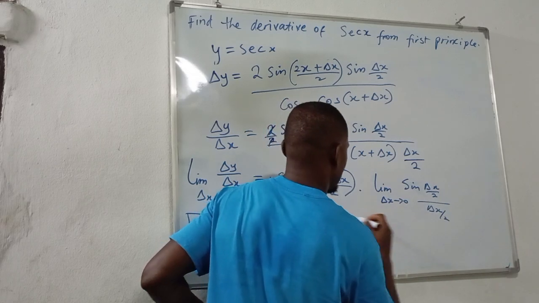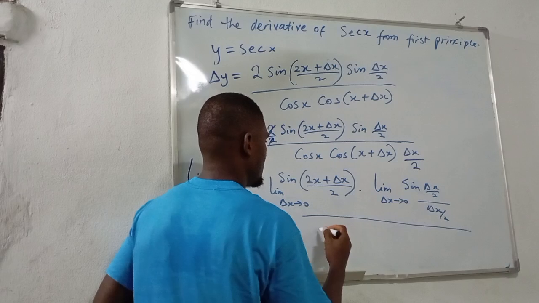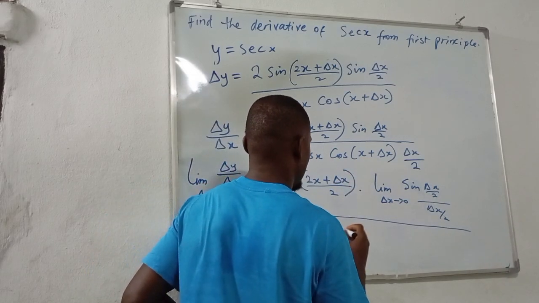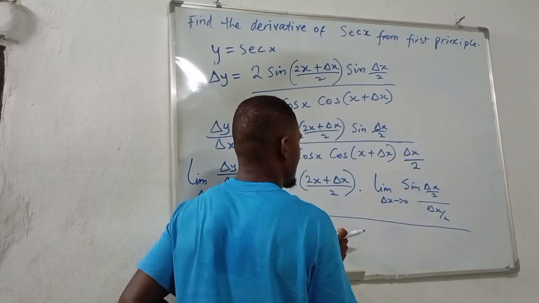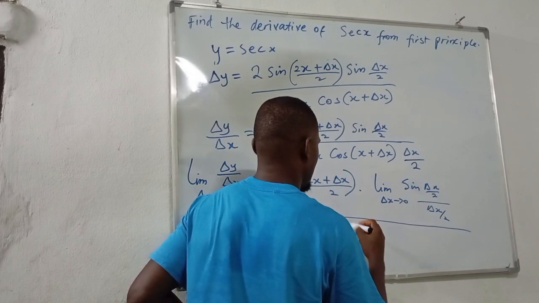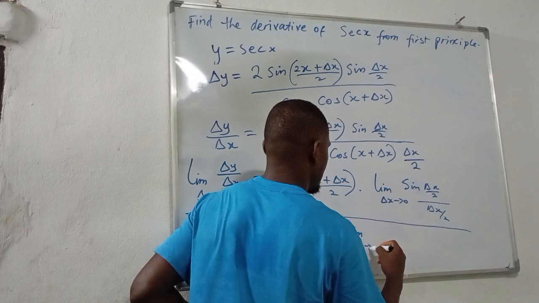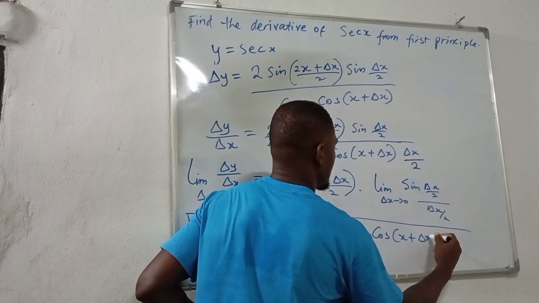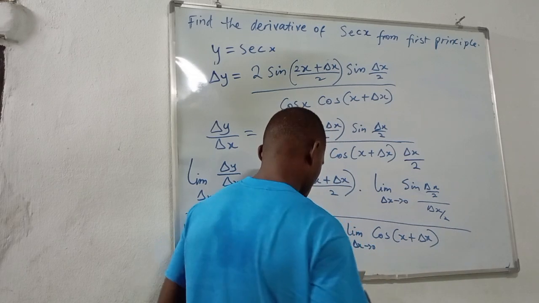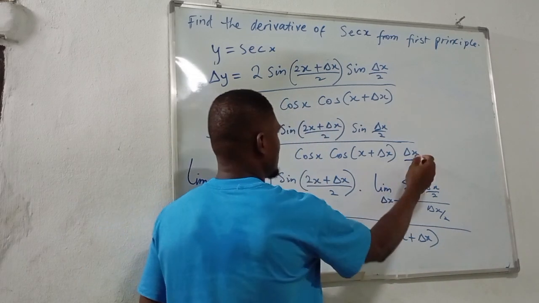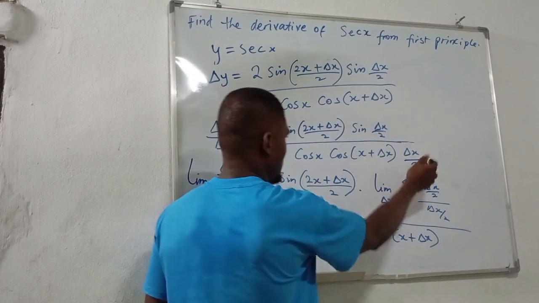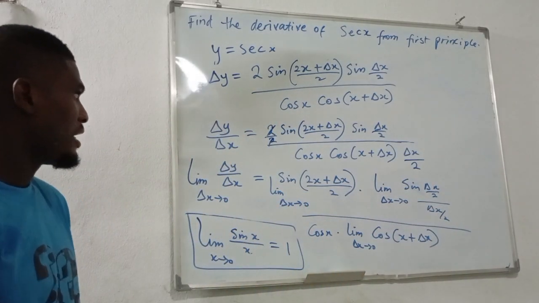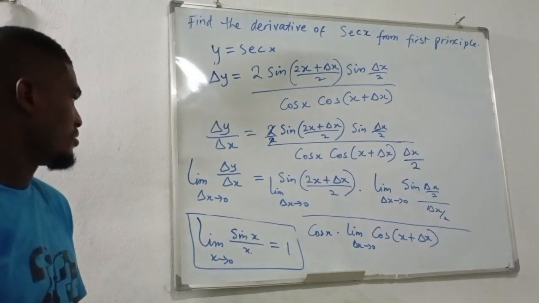Now on the denominator, you can't take the limit of this, so we take the limit of this, so cos x is out because it doesn't contain dx, and then limit as dx tends to 0 of cos x plus dx. Alright, now in case you're looking for this, we've divided this by this. That's what I've written down there. Alright, so that's what we have, and then we have to take the limits now.